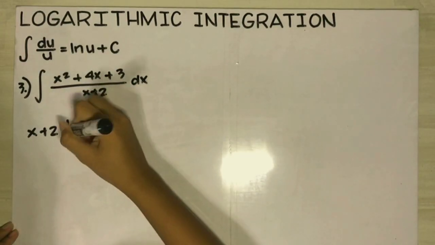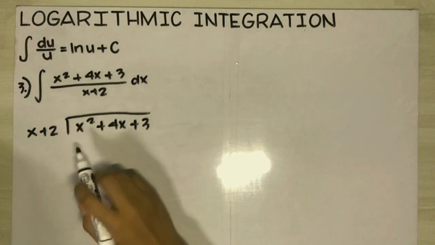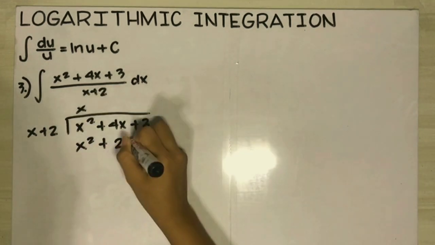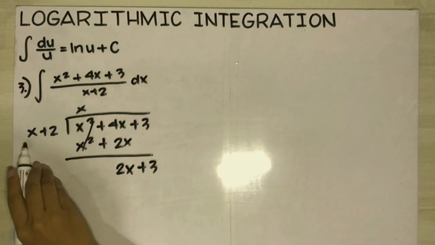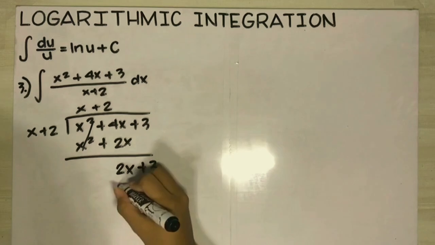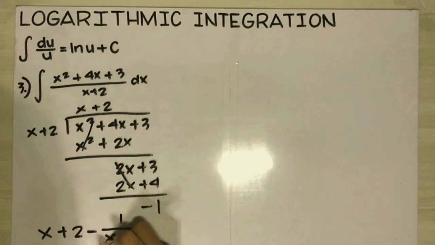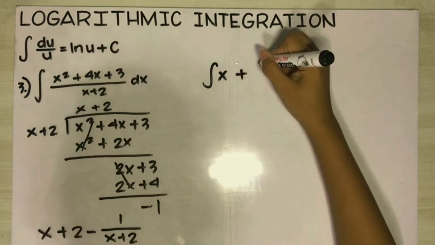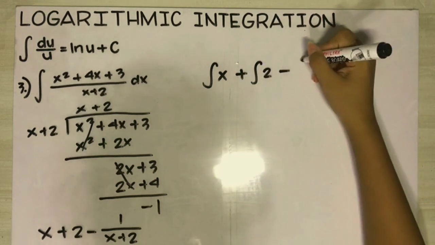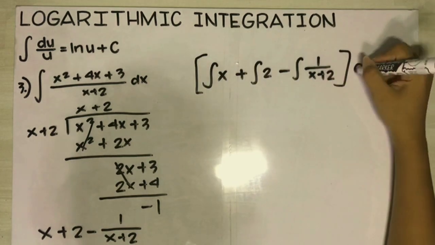So, let's divide x squared plus 4x plus 3 by x plus 2. So let's rewrite our expression as the integral of x plus the integral of 2 minus the integral of 1 all over x plus 2 times dx.